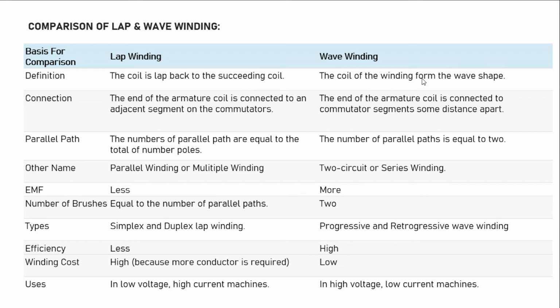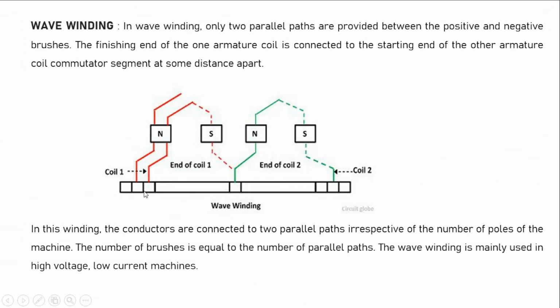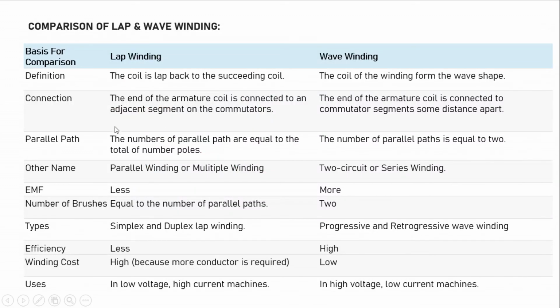Connection: in lap winding the end of the armature coil is connected to an adjacent commutator segment, but in wave winding it is connected to a commutator segment some distance apart. Parallel paths: in lap winding the number of parallel paths equals the total number of poles, but in wave winding only 2 parallel paths are present.